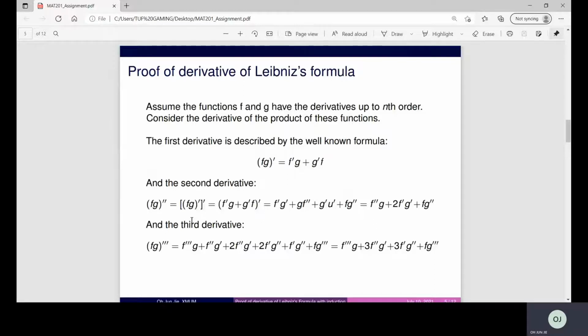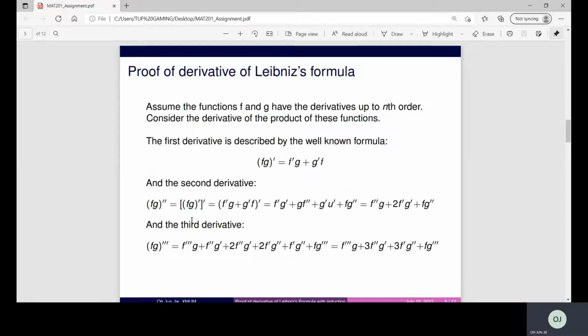We'll get f double prime g plus 2f prime g prime plus f g double prime. And the third derivative, we can use the same way. We'll get f triple prime g plus 3f double prime g prime plus 3f prime g double prime plus f g triple prime.